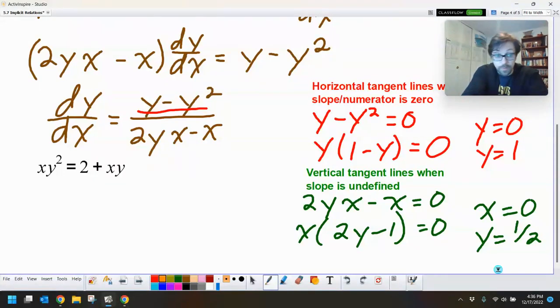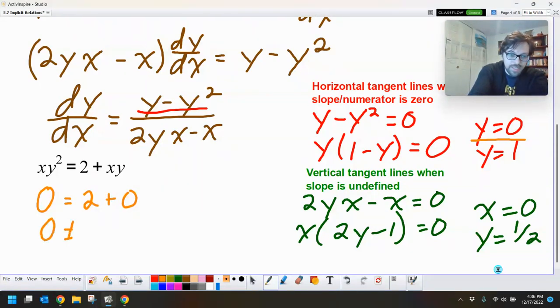And unfortunately, we do. If we try this first value of y equals 0, we get 0 equals 2 plus 0. But that doesn't make any sense. 0 does not equal 2. So we don't have anything going on with horizontal tangent lines. It never goes to the point of y equaling 0. So this one doesn't work. Let's try another one. Try this y equals 1.